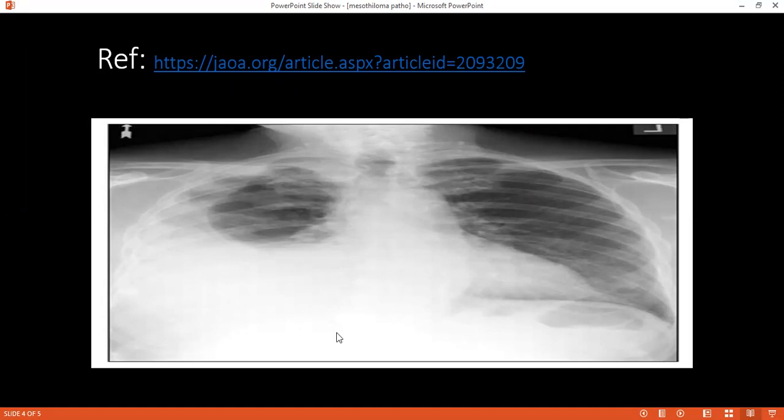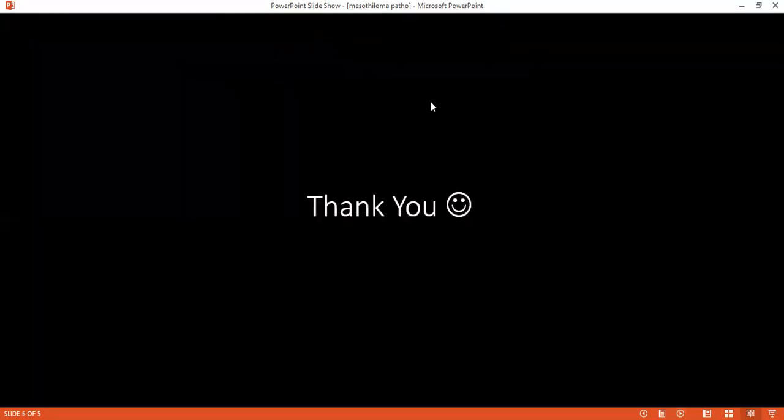There are increased opacities on the right side. There is no foreign body visible, and the gastric shadow is present. Good, thank you.